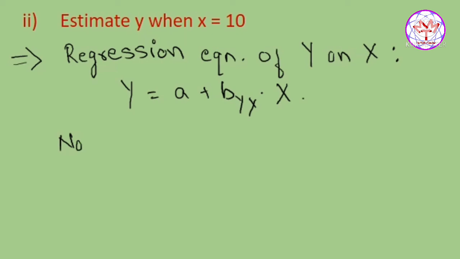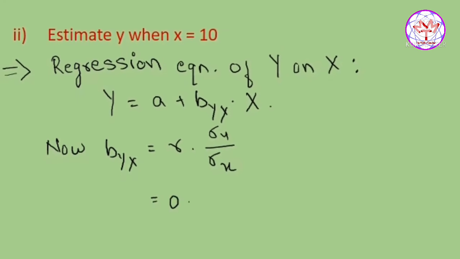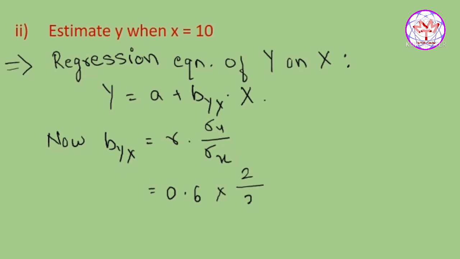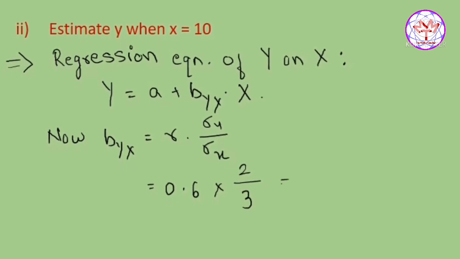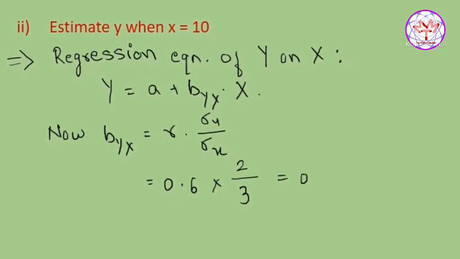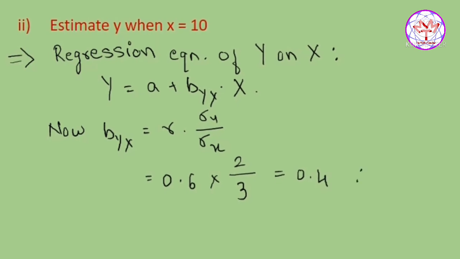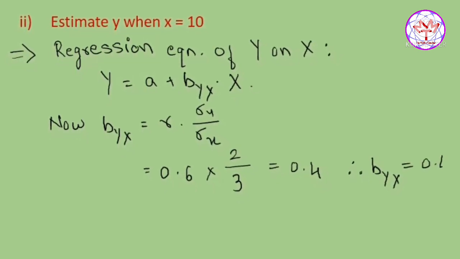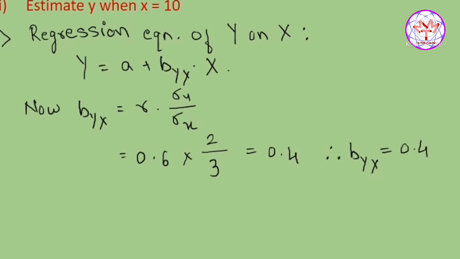So as usual, first let us find the values of byx and a. Now we know that byx is equal to r into sigma y upon sigma x. So let us substitute the values. R is equal to 0.6 into sigma y is 2, sigma x is 3. So this is equal to 0.4. So we get byx is equal to 0.4. Now let us find a.